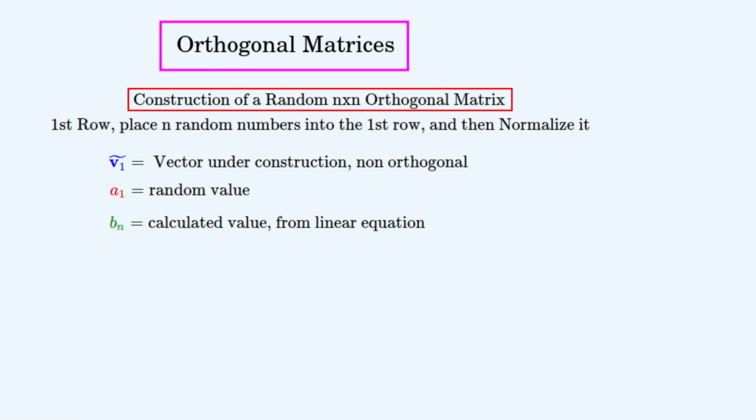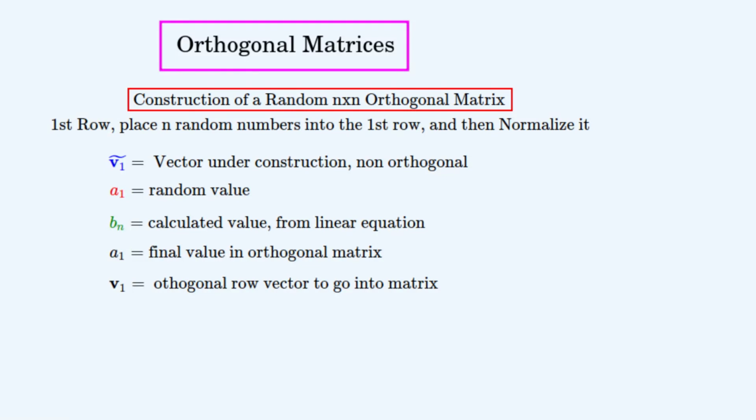If the variable is green, then it's a variable that has yet to be calculated using all of the previous row vectors and the recently found random numbers for this row vector. A black variable stands for an entry in a normalized row vector. A black bold-faced variable stands for a normalized row vector, ready to go into the matrix.